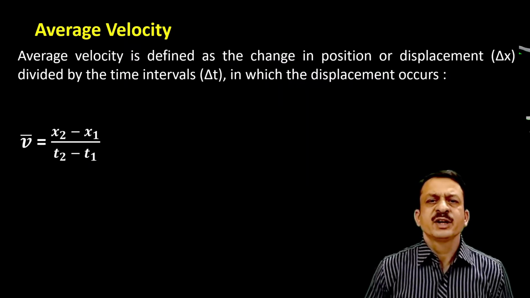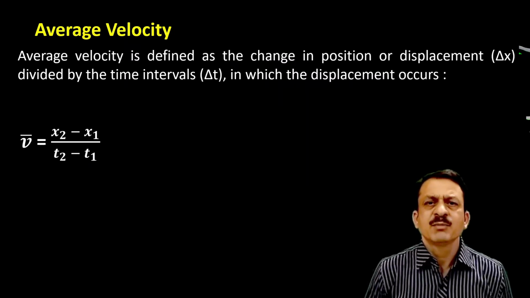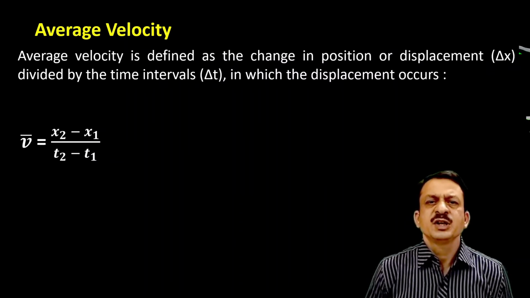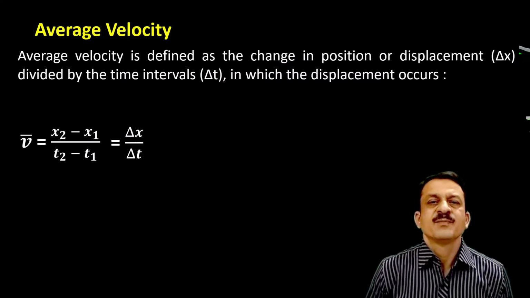So here we read this as average velocity v bar, that is equal to x2 minus x1, the displacement, that is change in position, divided by time interval t2 minus t1. This can also be represented as delta x by delta t. Therefore average velocity v bar. So the bar over the term v represents average velocity, that is delta x by delta t.